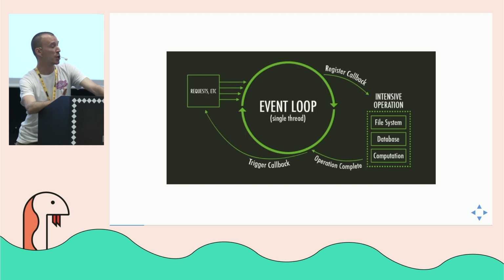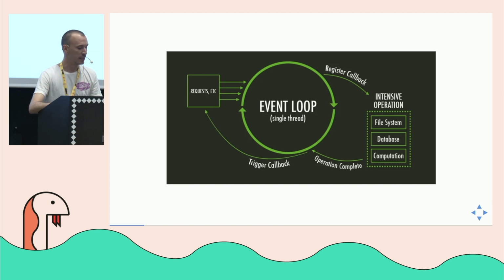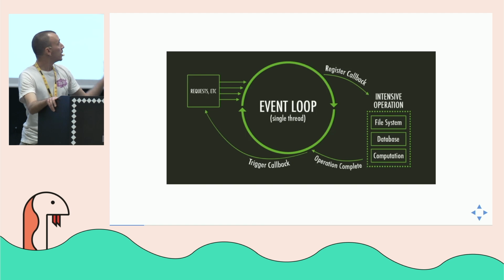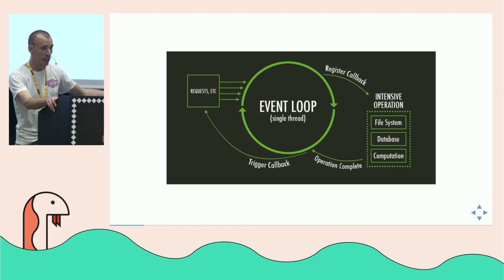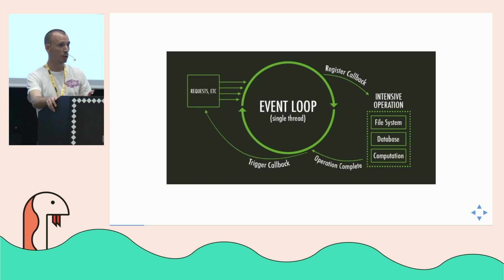So let's say you want to read or write to a socket, okay? And so you say to the event loop, hey, I want to read, I want to write on this socket, and the event loop is a loop. Right? So you register, and at some point when that socket is ready for what you asked for, it will call you back. It's all about callbacks, okay?